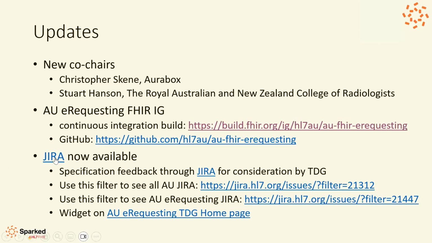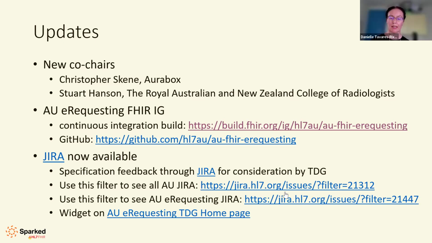And I also want to raise that we now have the JIRA project available for AU eRequesting. So every specification, AU Core, AU Base, Provider Directory, and all the international ones have their own space in JIRA. We've now set that up for eRequesting, and that's how we'll be receiving specification feedback when that becomes relevant.